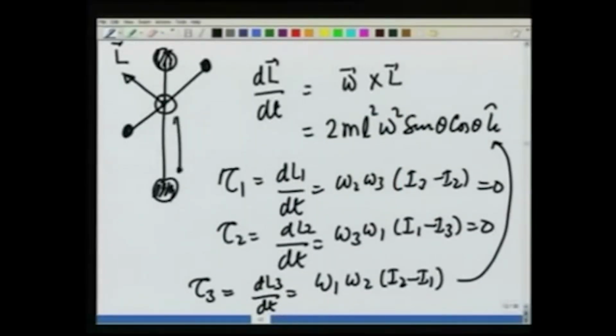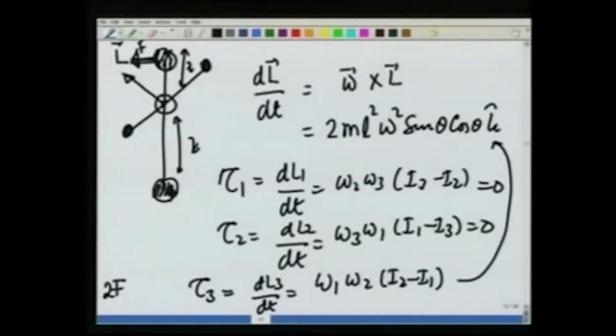If this height is z and it is symmetrically placed in z like this, then at this point when the body is in the plane of the screen, the force here would be like this, and the force here applied by the bearing on the axis would be like this, so that there is a torque coming out of the paper, and the magnitude of the torque would be equal to 2Fz, where F is this force, and therefore I can also calculate how much is the force applied on the axis by these ball bearings.